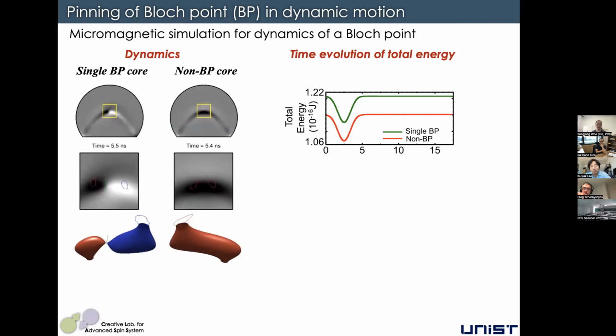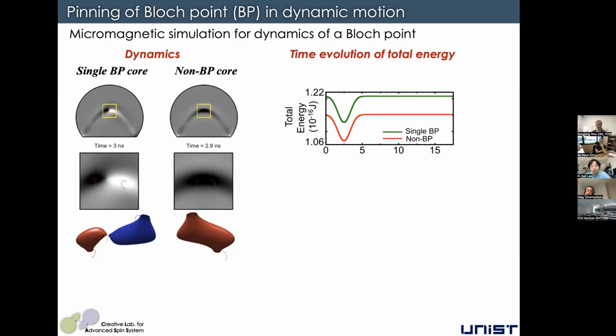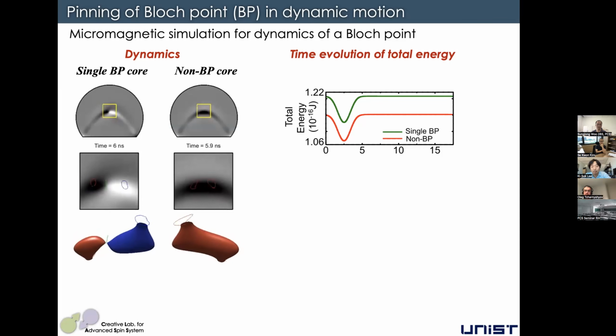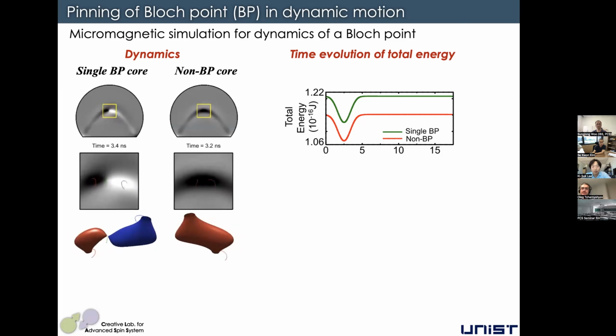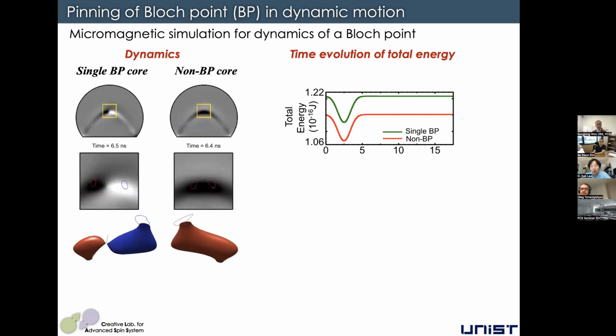The faster the Bloch point moves, the higher the frequency will be. And so one could change the amplitude and then see how the spectrum changes, and that would be a rather interesting way of determining the presence of this Bloch point and the emission of spin waves. Right, it's a good point. Thank you. Yeah, very nice experiments.